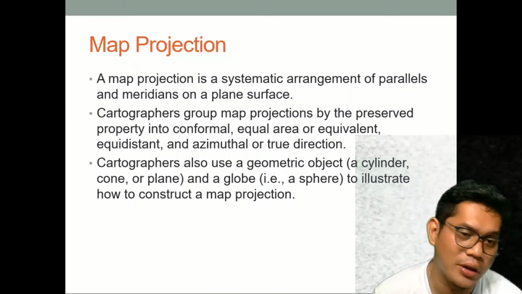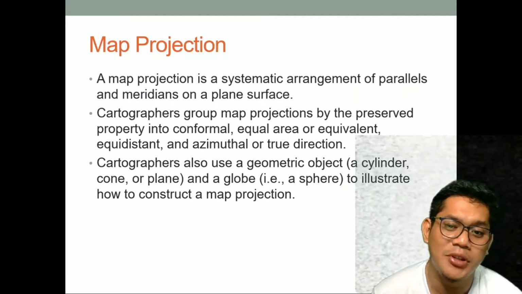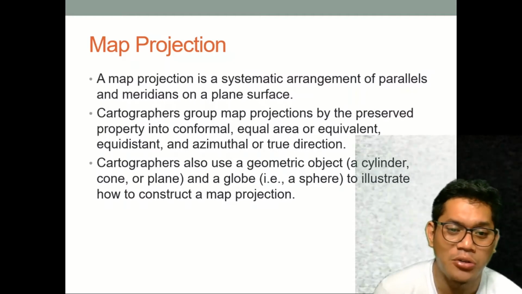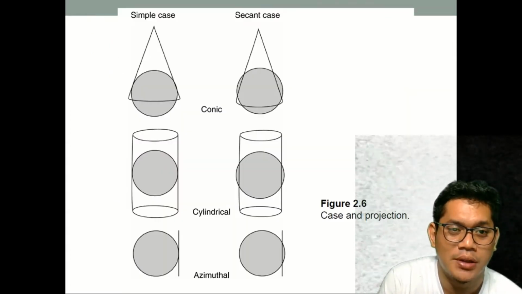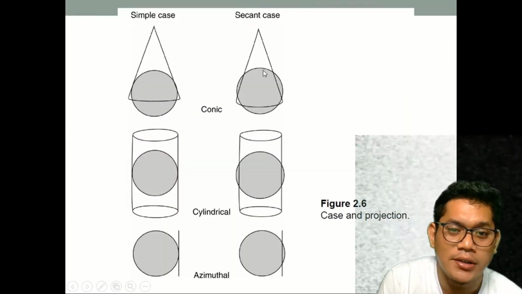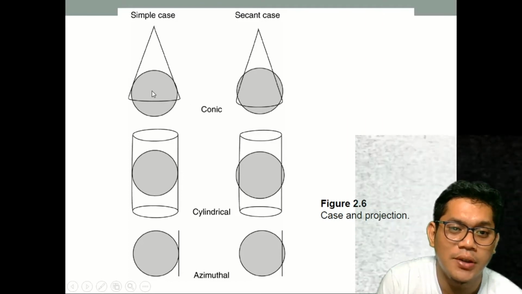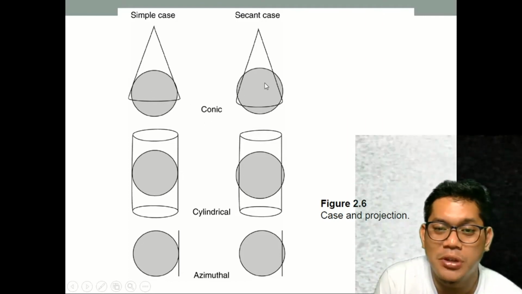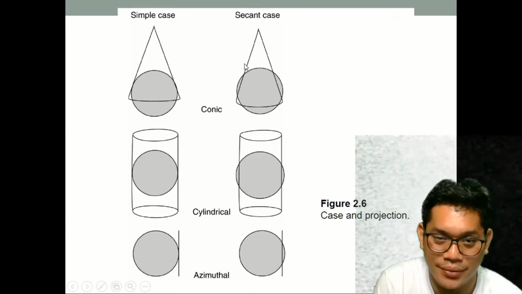Therefore, how do the cartographers do it? They use geometric objects like a cylinder, cone or plane, and a globe to illustrate how to construct map projections, such as this. For areas within the northern hemisphere, a simple case or secant case of the conic is best to represent how we want to flatten the Earth.